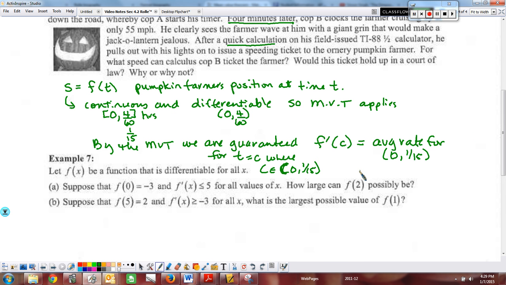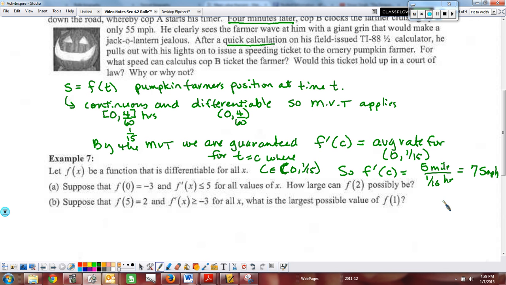So his instantaneous rate at c would equal his average rate, which is going to be your 5 miles per 1/15 of an hour, which works out to be 75 miles per hour.